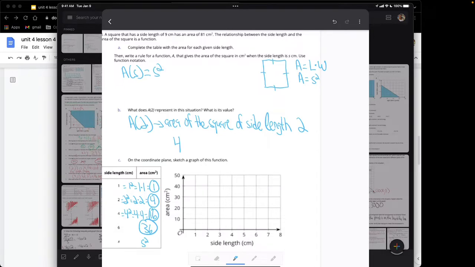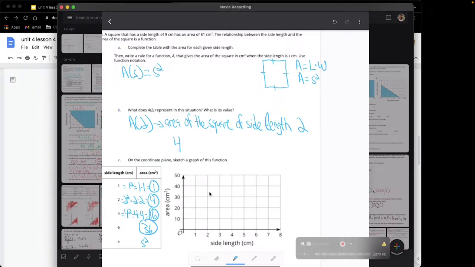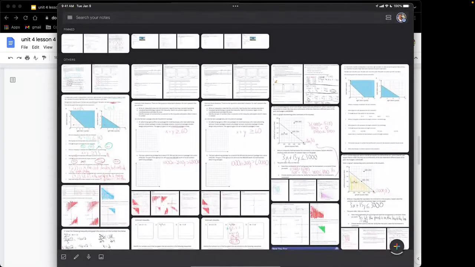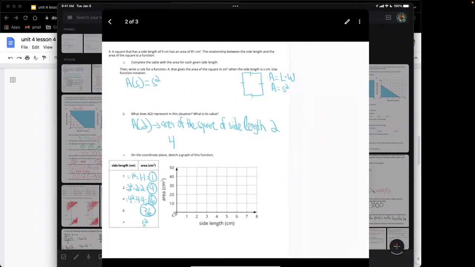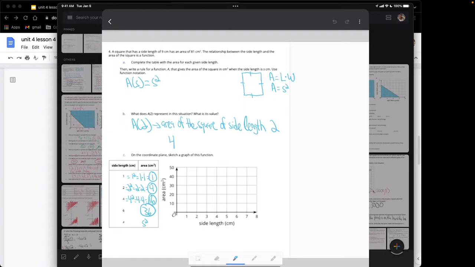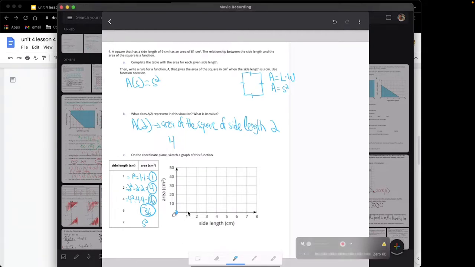On the coordinate plane, sketch a graph of the function. So we're going to use the values we have here. When our side length is 0, the area is going to be 0. When our side length is 1, our area is going to be 1, so that's going to be about right here.